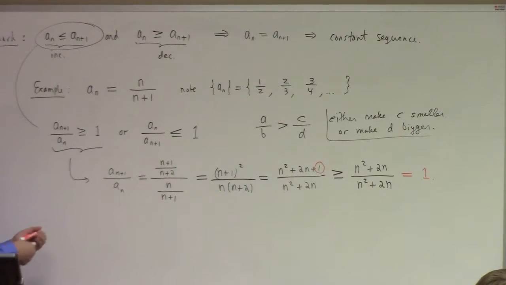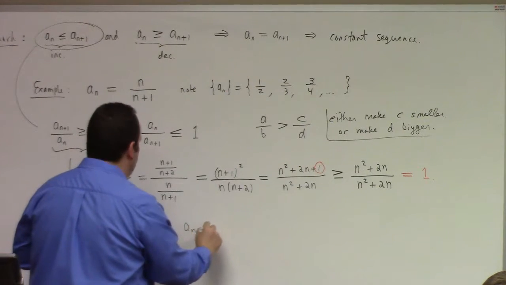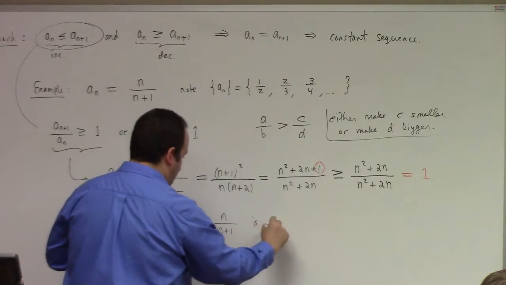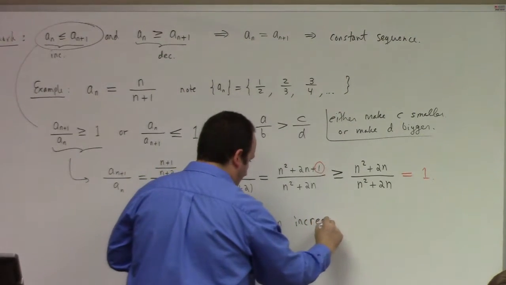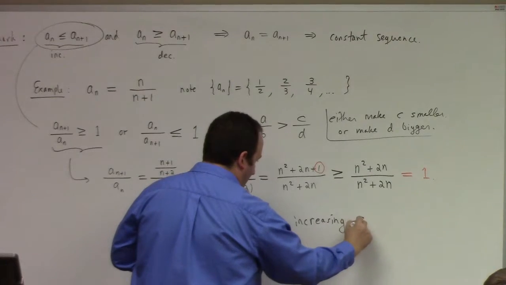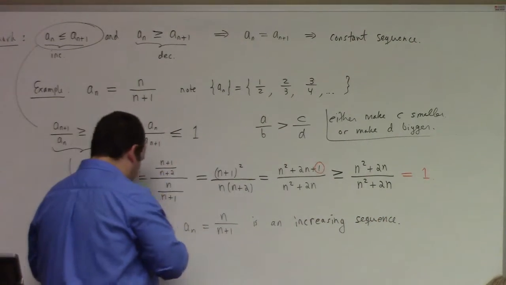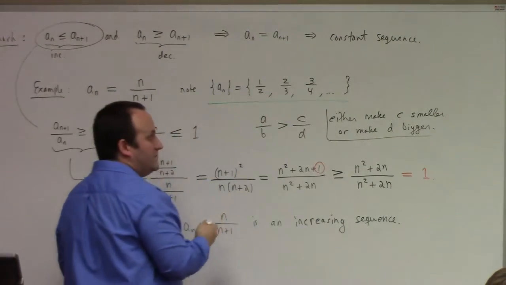This proves, thus, a sub n equals n over n plus 1 is an increasing sequence, right? My initial numerical evidence up here is not a proof, but it's plausible.